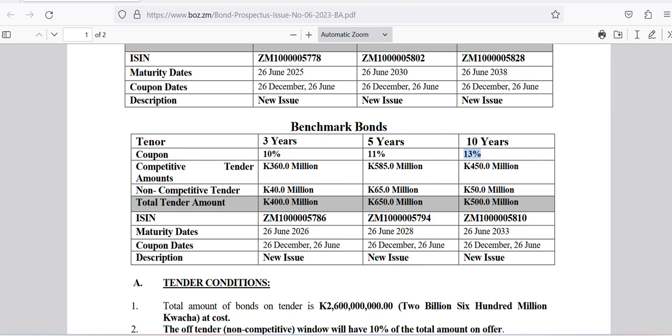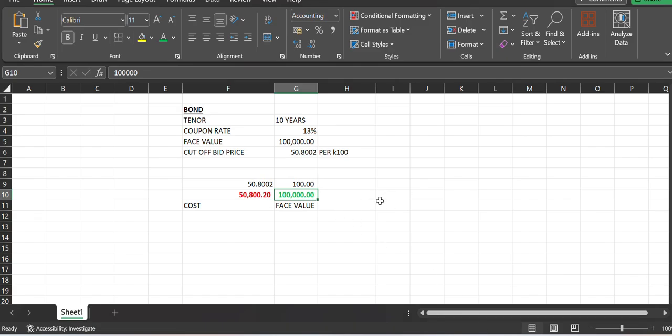So let's go back to our Excel. So this is 13%. So it will be 13% of the face value. So the percentage again is 13. So let's calculate. 13% of the face value.